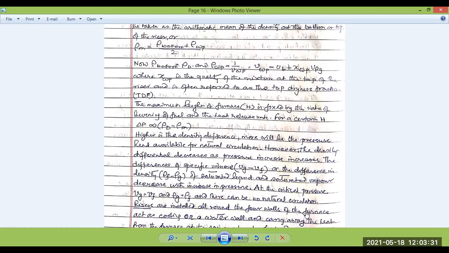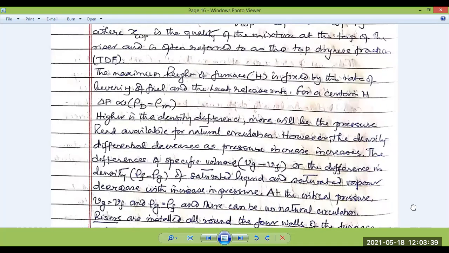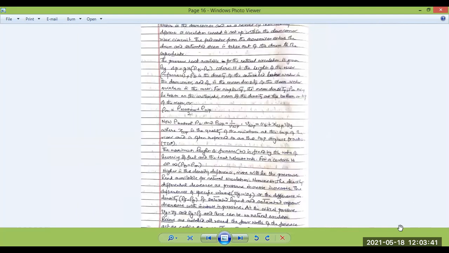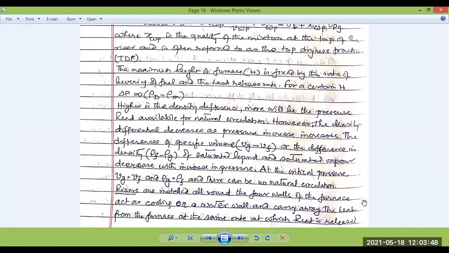Higher is the density difference, more will be the pressure head available for the natural circulation.